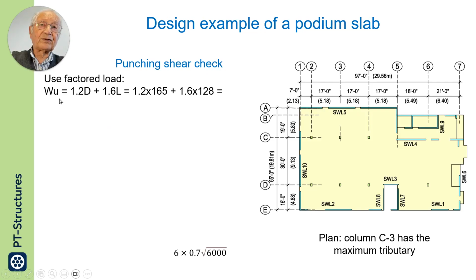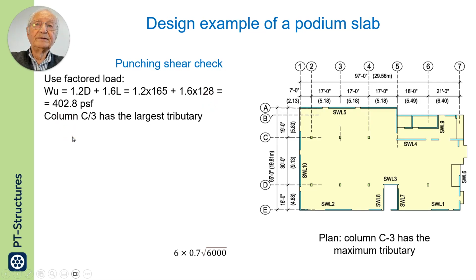The factored load is 1.2 dead, 1.6 live, so this is the load per square foot. I select one of the columns. I have selected this column, one of the columns with the largest tributary. This has relatively large tributary, C3.